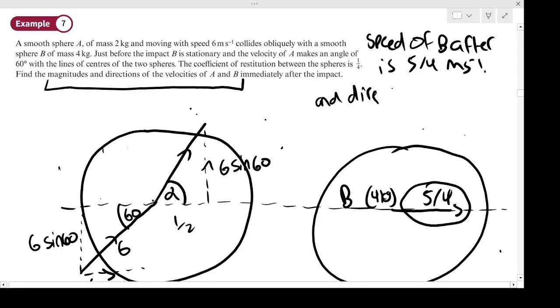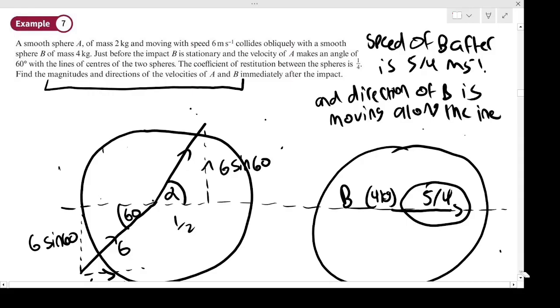And direction of B is moving along the line of center, okay? Or you could say parallel to the line of center. But there we are. Okay, because the angle would effectively be like 0, right? So it's just on the line of center. But there we are, okay?